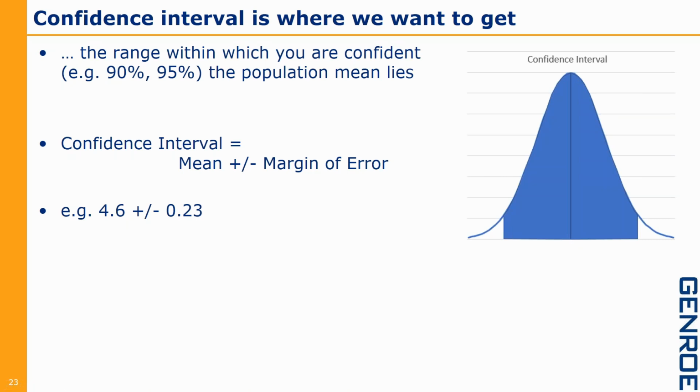The area in blue is the range in which the population mean, for all customers, most likely exists, 90 or 95%. Okay, so that's how we get to this confidence interval idea.